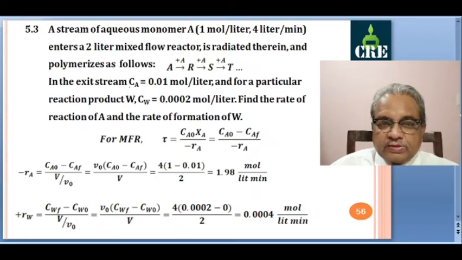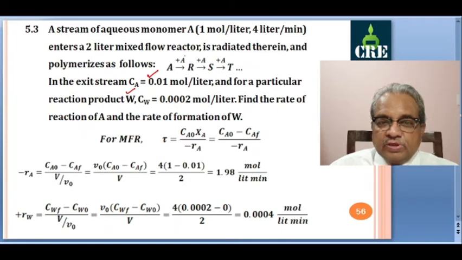The exit stream CA is 0.01 moles per liter. It is entering at 1 mole per liter. And for a particular product, T gives W maybe, the concentration of W at exit is 0.0002 moles per liter. Find the rate of reaction, that is the rate of consumption or disappearance of A, and the rate of formation of W.